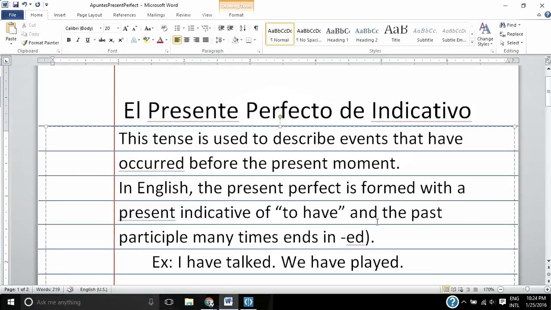There we go. The past participle, which you'll notice in English, usually ends in ed. Not always, but a lot of times. So, for example, in English, we have I have talked or we have played. Notice that those things have happened before the present moment.